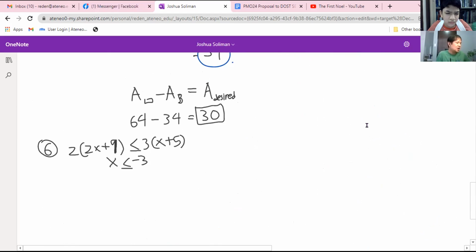So you're saying all values of x less than or equal to -3 are solutions of the given inequality. However, there are probably other roots to them.